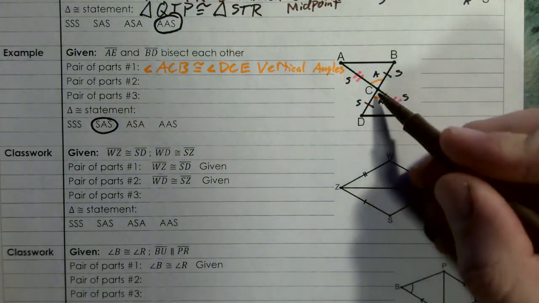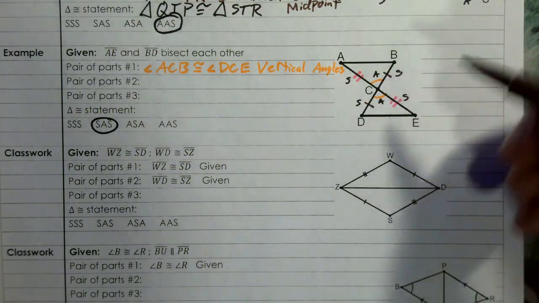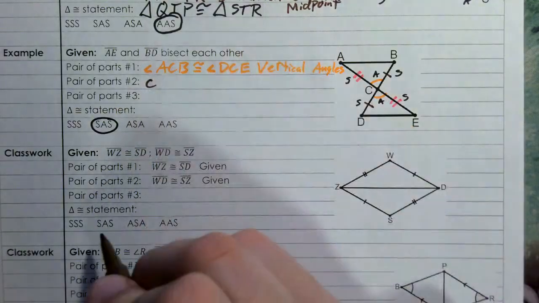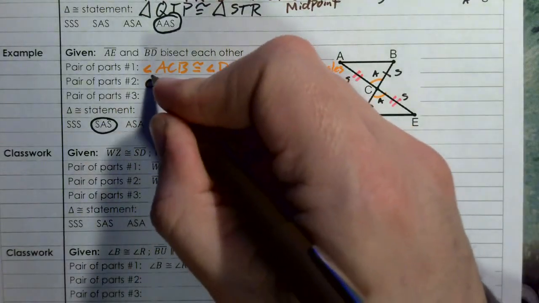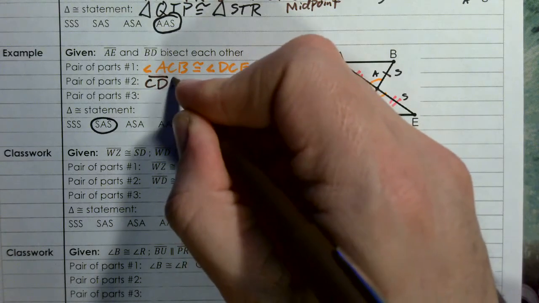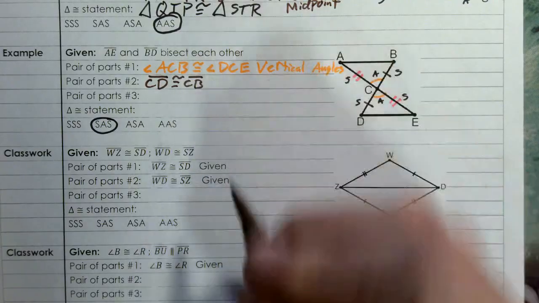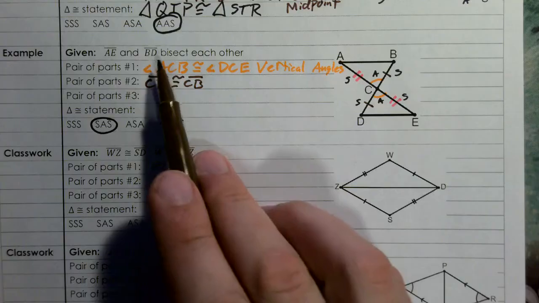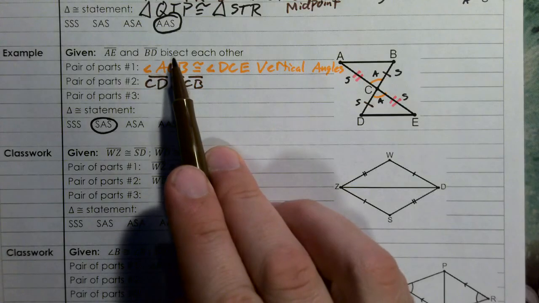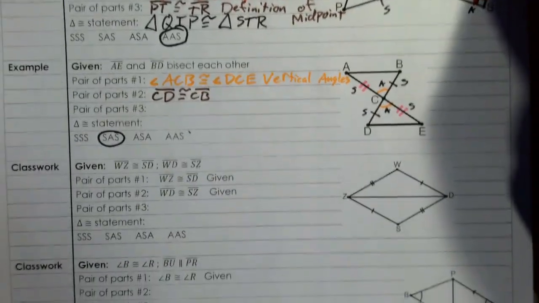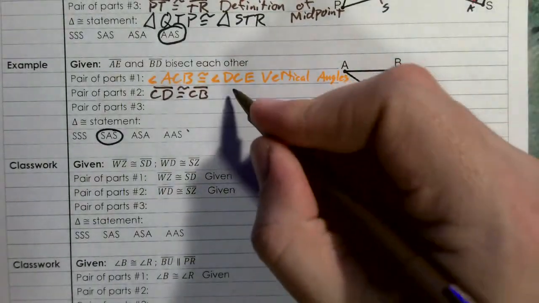The next one we got was CD and CB were congruent to each other. And the place that we got that was the definition of bisector. Kind of like up before, we did that definition of midpoint, definition of bisector works the same way.